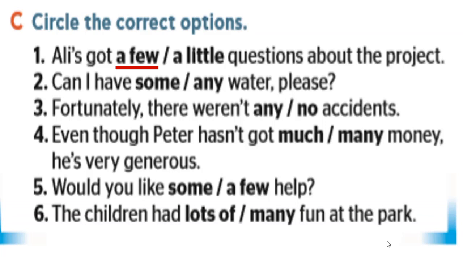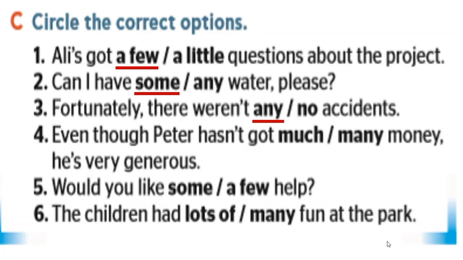Now look at the second sentence. Can I have some or any water, please? Yes, some water, right? Some is used with both countable and uncountable nouns. Number three, fortunately, there weren't any or no accidents.